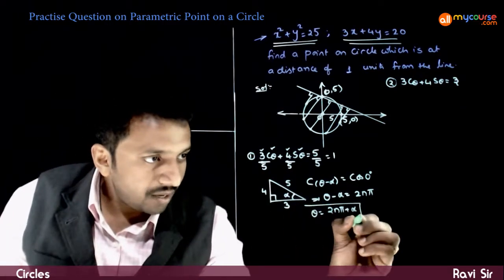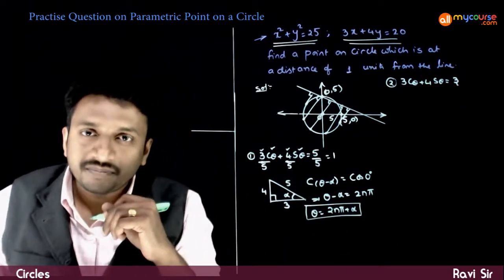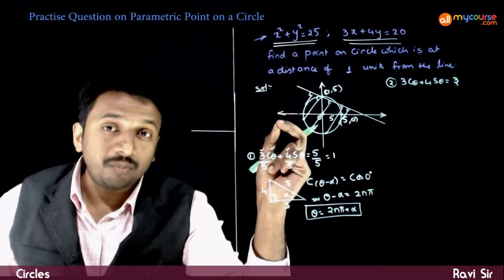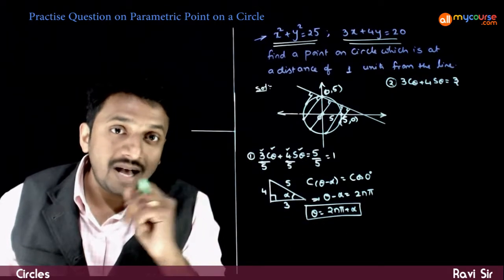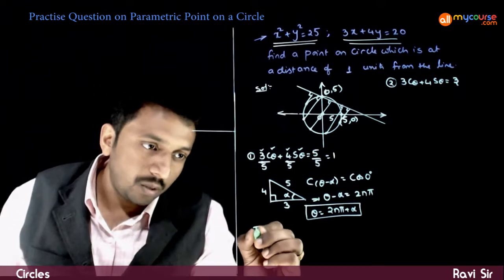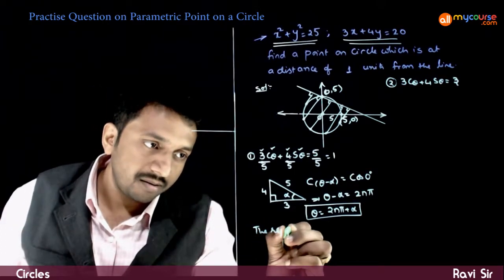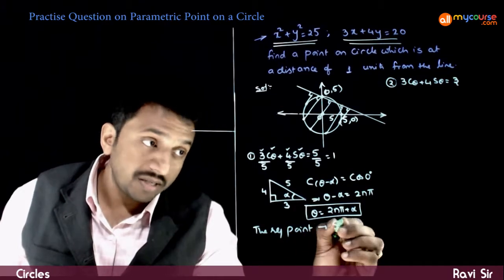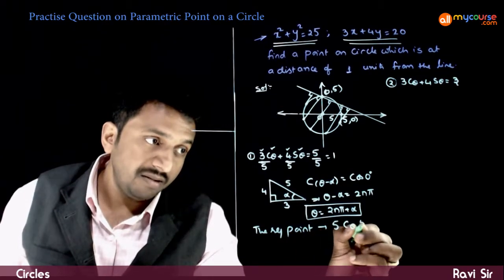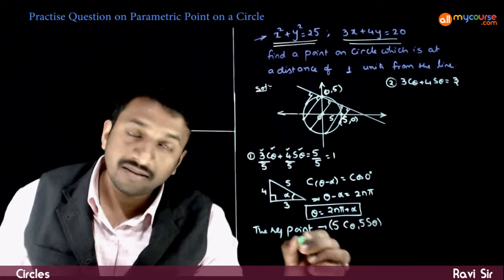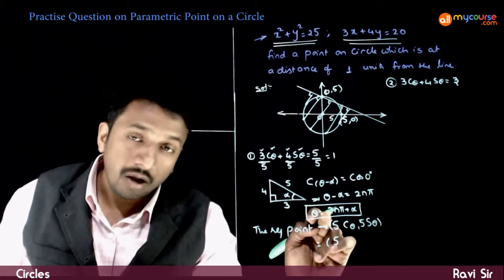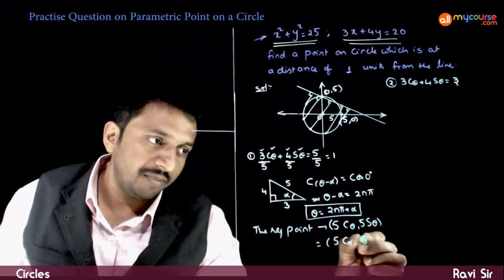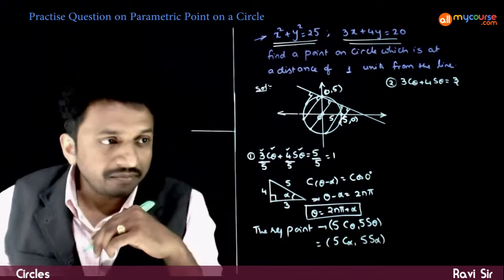So this is one value of theta, and corresponding to this value of theta, what is the point? R cos theta comma R sin theta. So the required point is 5 cos theta comma 5 sin theta, right? That is equal to 5 times cos of 2n pi plus alpha, which is cos alpha. 5 cos alpha comma 5 sin alpha.